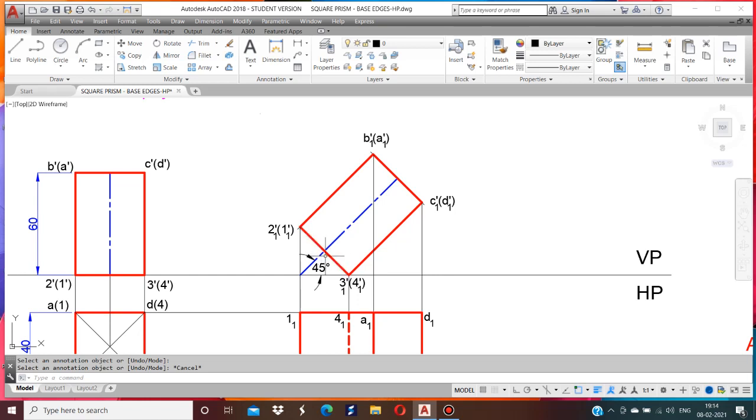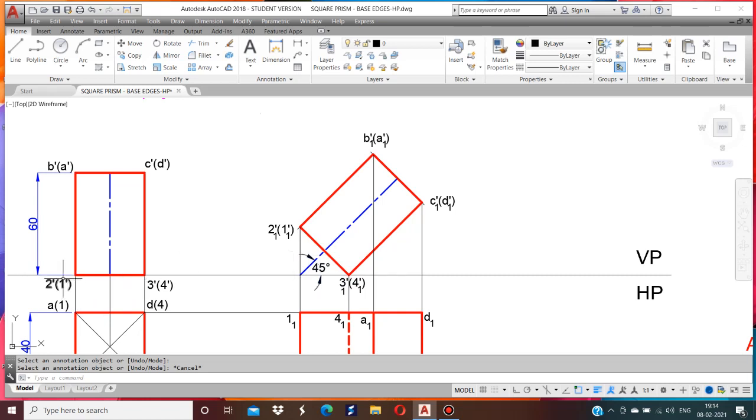So this angle is always 90 degrees. So 90 minus 45, that is 90 minus theta, you get the base angle. So the base angle is 45 degrees. From 3 1 dash, 4 1 dash, in the clockwise direction, draw a 45 degree line.